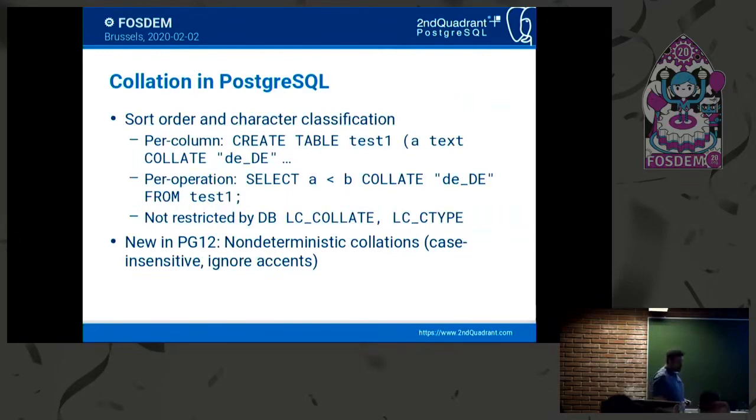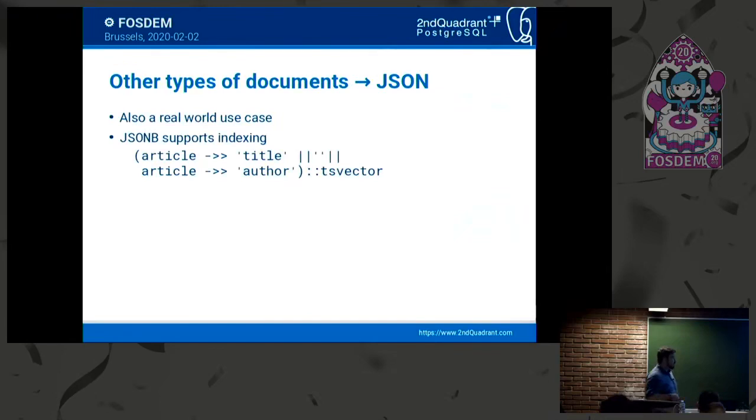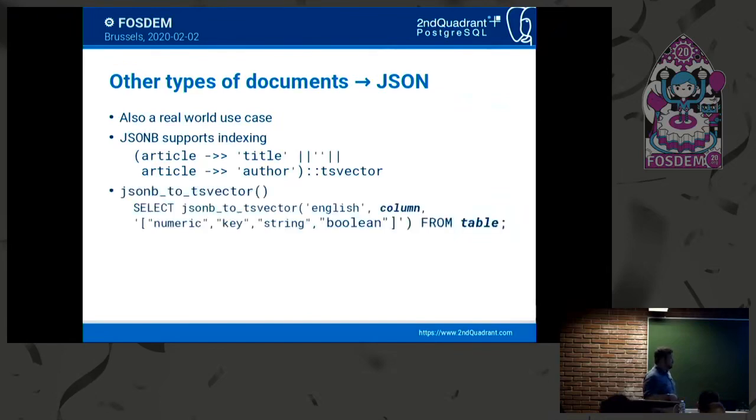In Postgres 12, we have non-deterministic collations that can also ignore accents when sorting text, and that is a new feature. We mentioned other types of documents, such as JSON. It supports indexing. It can be converted into tsvector.